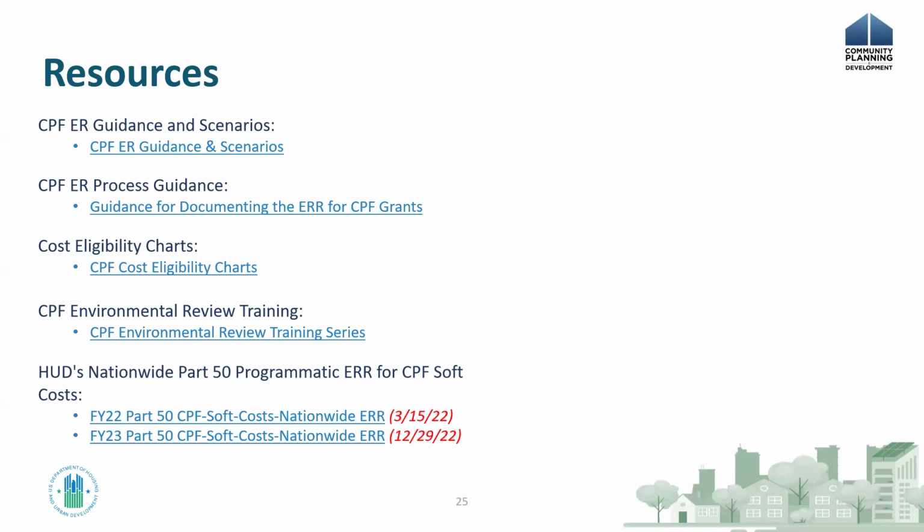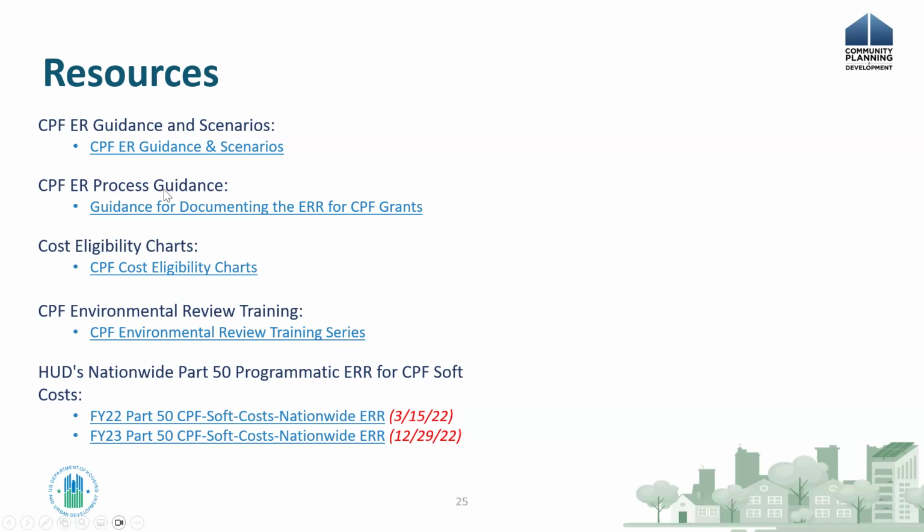Okay, here we have a resource slide as promised. So here you can find a lot of great environmental review resources specific to the Community Project Funding program. You have the CPF environmental guidance and scenarios document that was mentioned throughout the presentation.